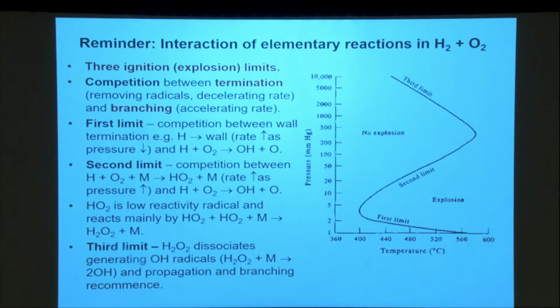So in the region between the second limit and the third limit, forming HO2 effectively prevents ignition. But as we move to higher temperatures and pressures, the route through H2O2 to form 2OH radicals is again recommencing propagation and chain branching. So we've got these various reactions competing, and we've got other reactions involving other intermediates in the hydrogen-oxygen system.